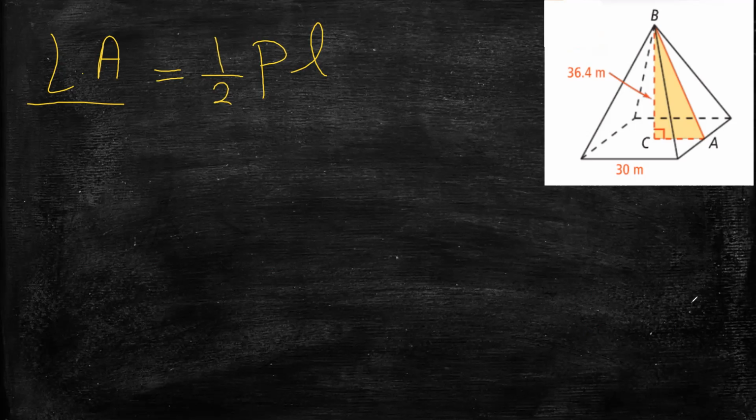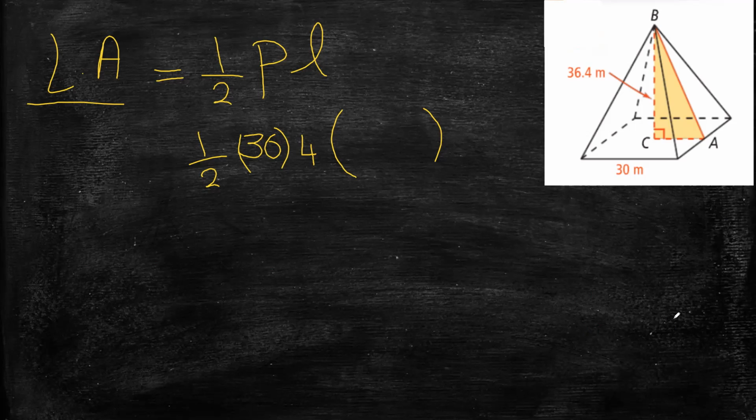And we need to find its perimeter, which is 30 meters times 4, 120. Times half. So I found now the perimeter. Now I need to find the slant height. But the slant height here is not given. They only give me the height of the pyramid. So look at here.